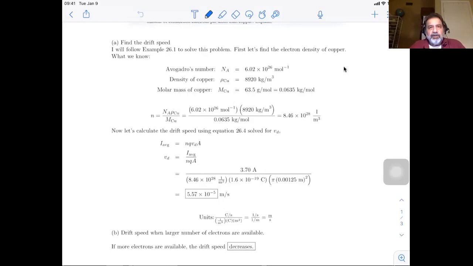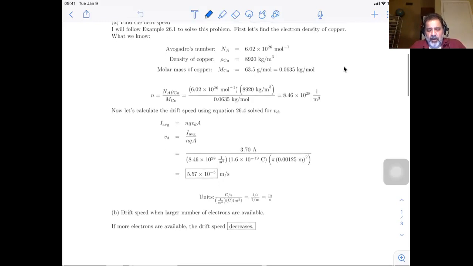Now let's calculate the drift speed using equation 26.4 and solve for the drift velocity. So 26.4 says I average equals n q v_d times area. So it's the electron density times the charge times the drift velocity times the area. If we solve for the drift velocity, we get I average divided by the electron density times charge times area.